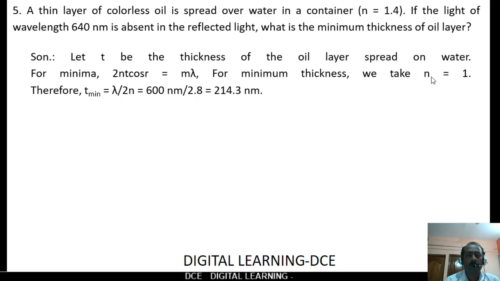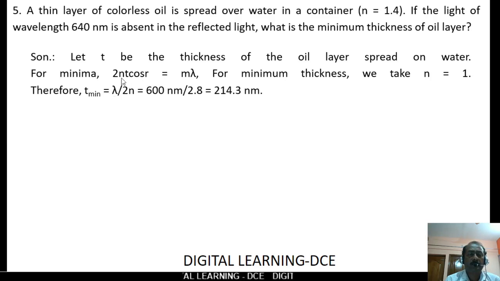Sorry, here it is not n, n stands for refractive index; by mistake it is written as n. This is m, m equals 1. Therefore, by putting m equals 1, the formula becomes 2nt cos r equals lambda.